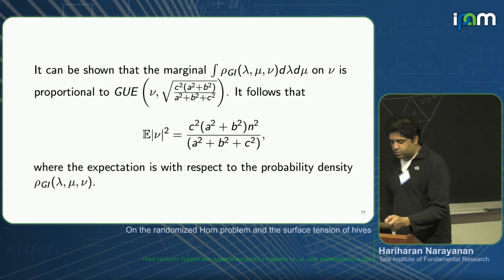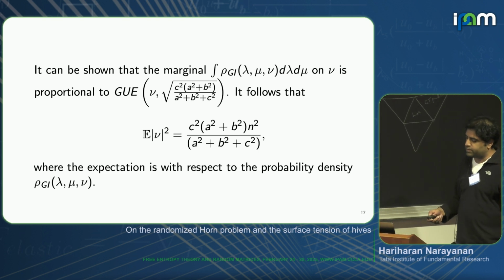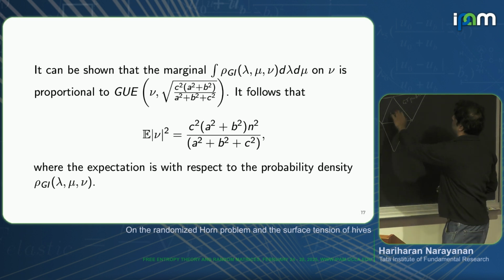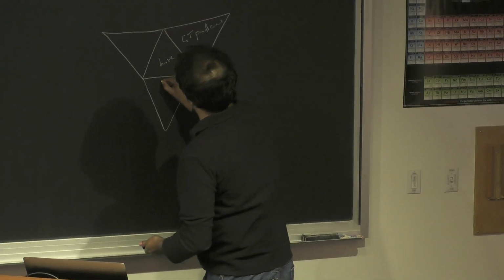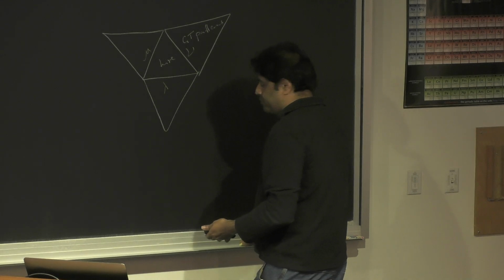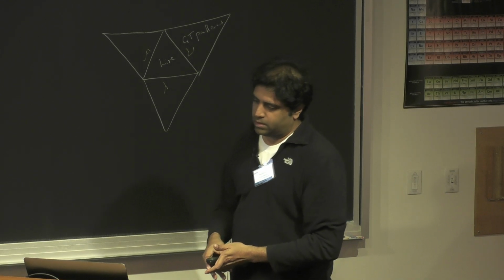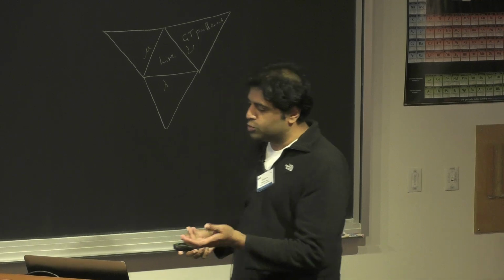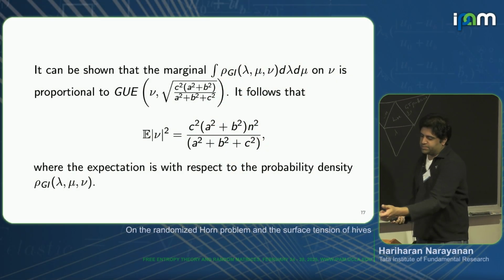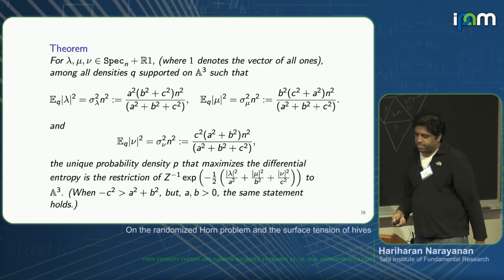Just by some algebra involving the GUE, you can say that the expectation of the norm nu squared is this, and similarly for the other two, it's the same sort of expression with some cyclic permutations.